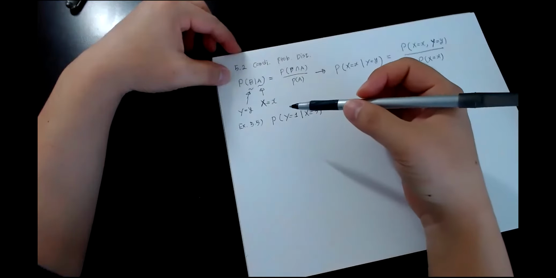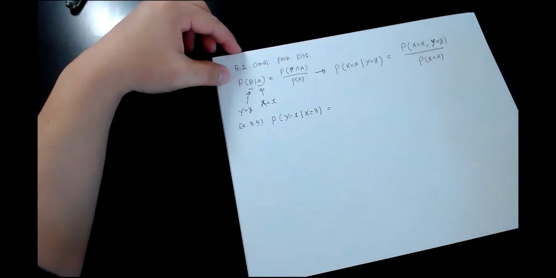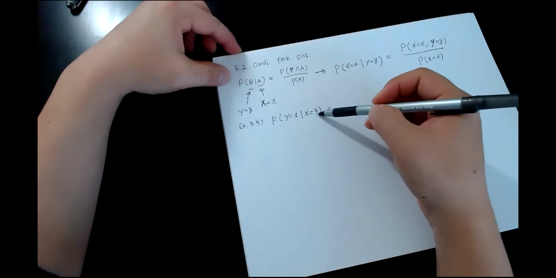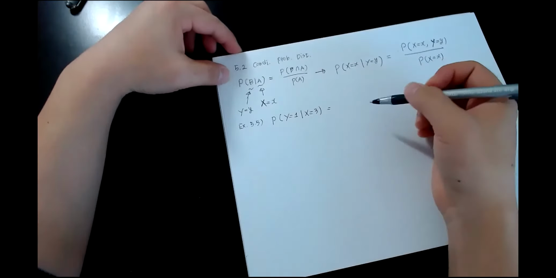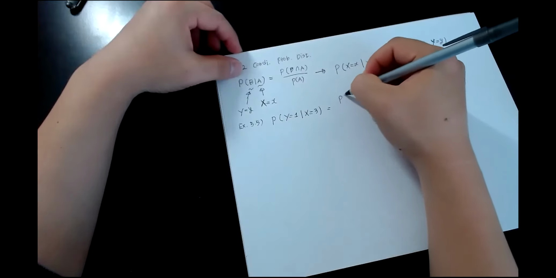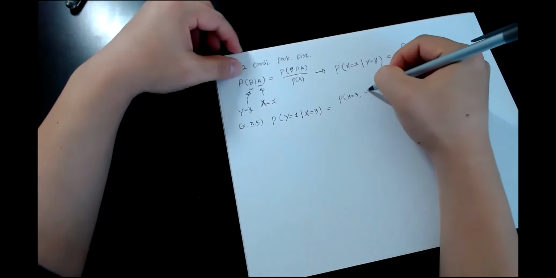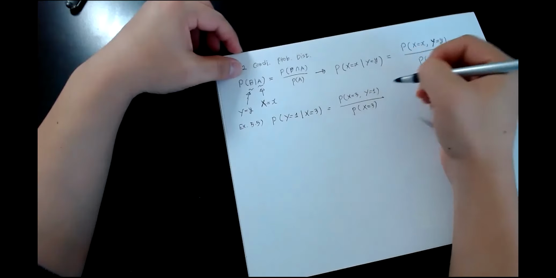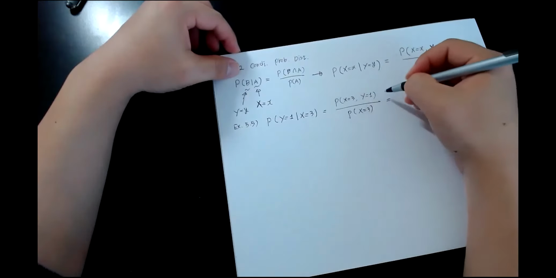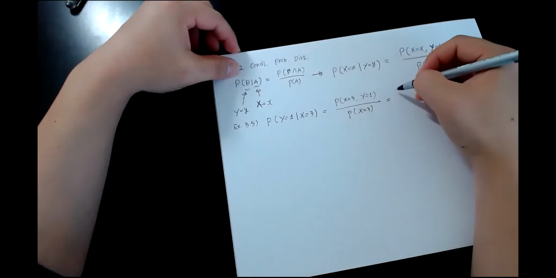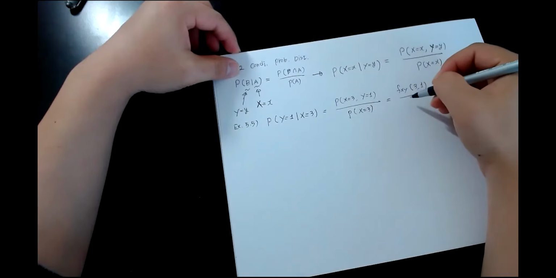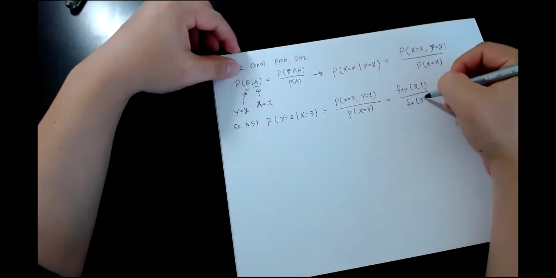We want to figure out the probability that the response time is 1 millisecond given that the number of bars in signal strength is 3. That is the probability that X equals 3 and Y equals 1 over the probability that X equals 3. We can figure this out by applying the joint probability distribution: f_XY(3, 1) over f_X(3).